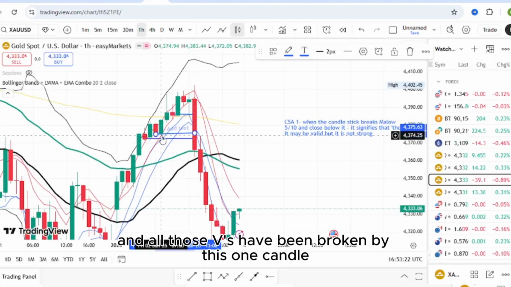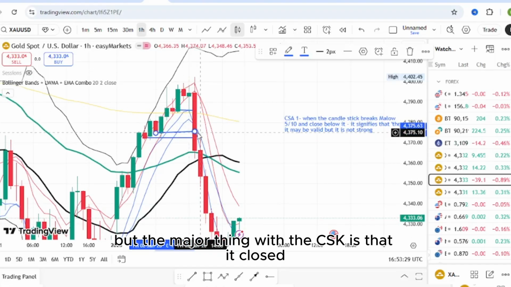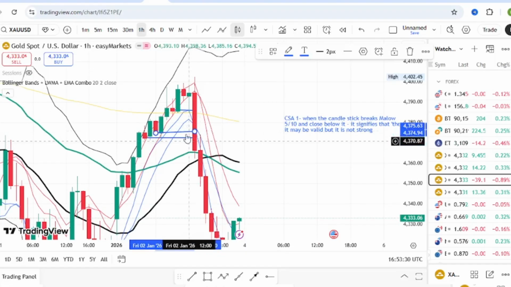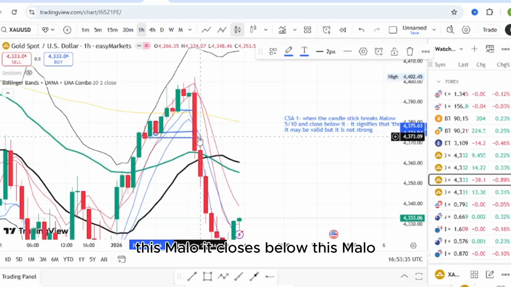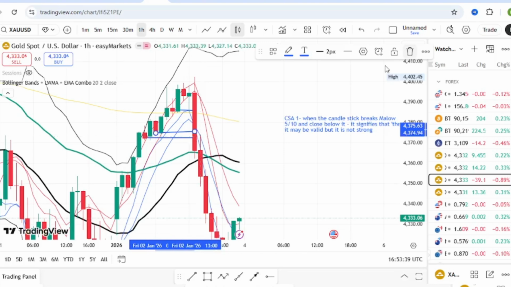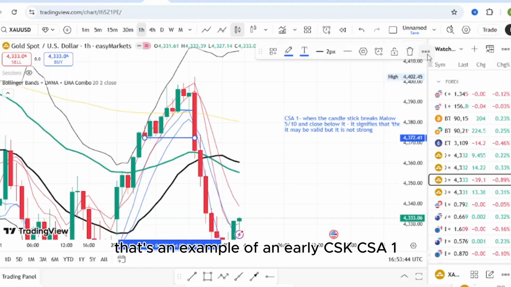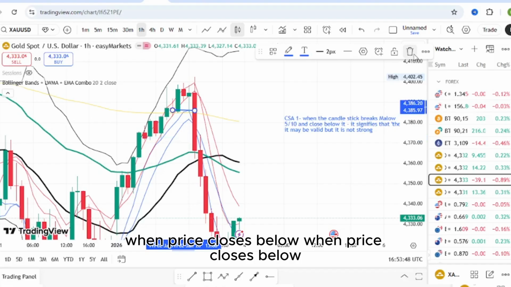But the major thing with the CSA is that it closed below this MA low, the blue lines. So that's an example of an early CSA, CSA1.